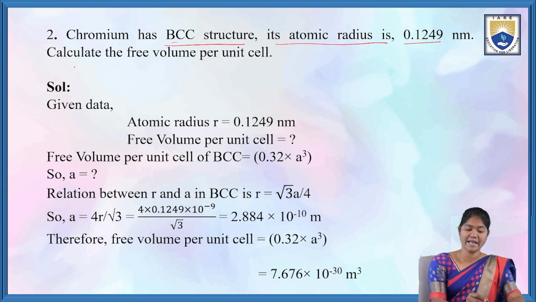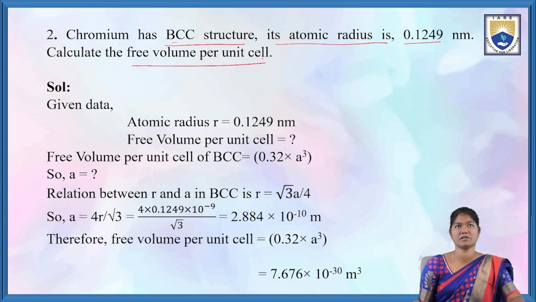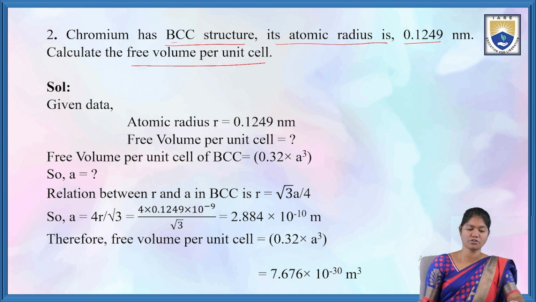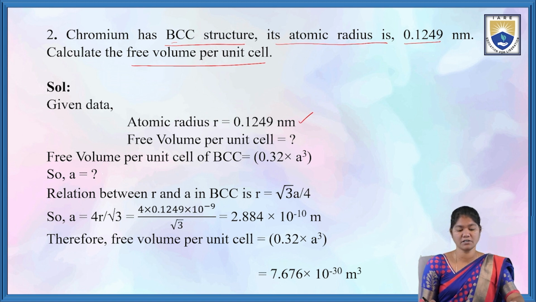Calculate the free volume per unit cell. So for the solution, let's write the given data. The atomic radius of chromium, body centered cubic structure, R is equal to 0.1249 nanometers.